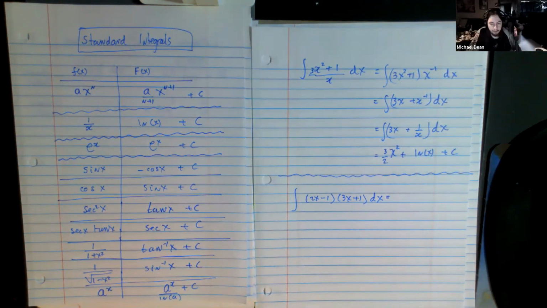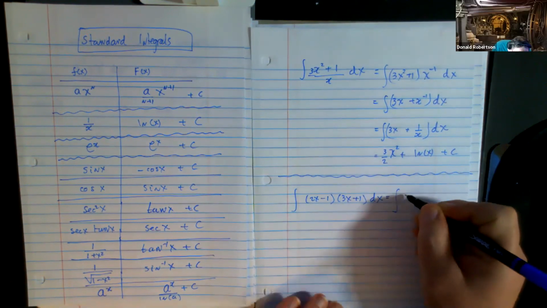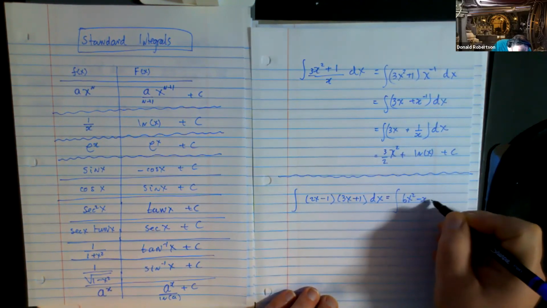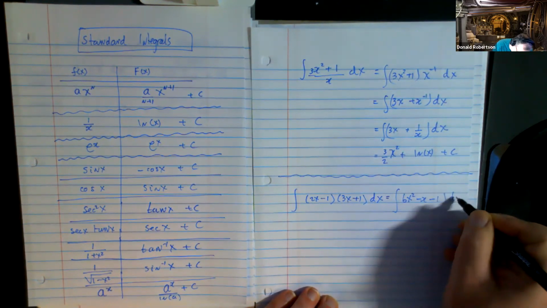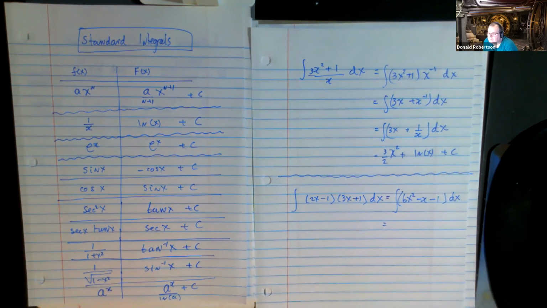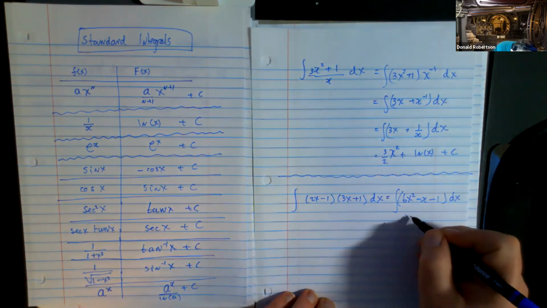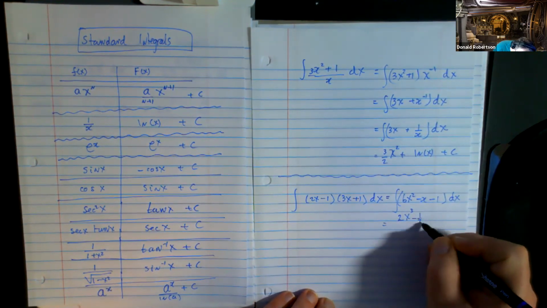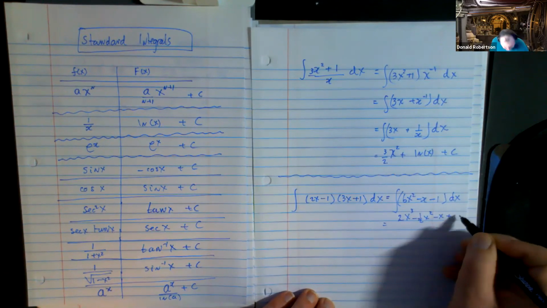Need to FOIL out first. Okay, so you're going to get 6x squared minus an x minus a 1. And now isn't it just a power rule? So what will that get me? X cubed divided by the new power minus a half x squared minus an x and plus a capital C.